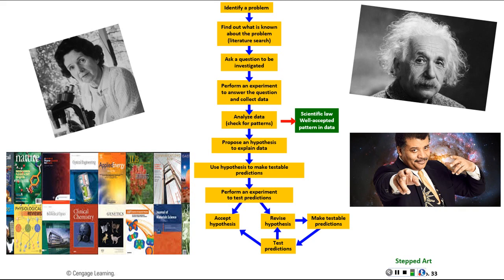But these are generally the steps that are followed for all science, whether you're coming up with a new drug to treat some kind of disease, or exploring how nature works. This is the general guideline that all scientists follow. So it's very well regulated, so to speak, and peer reviewed. It's not just that people go out, test something, and come up with some kind of answer, and so it's science.